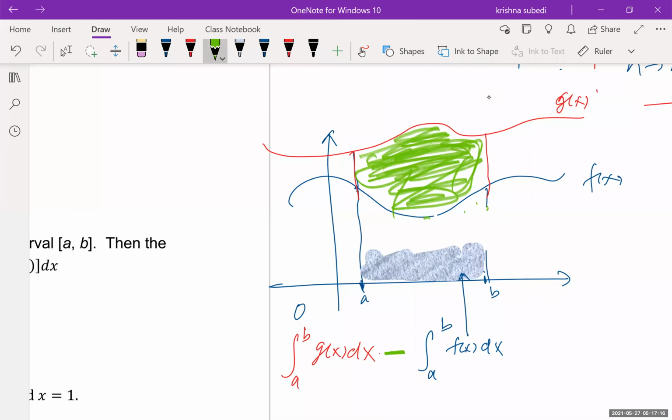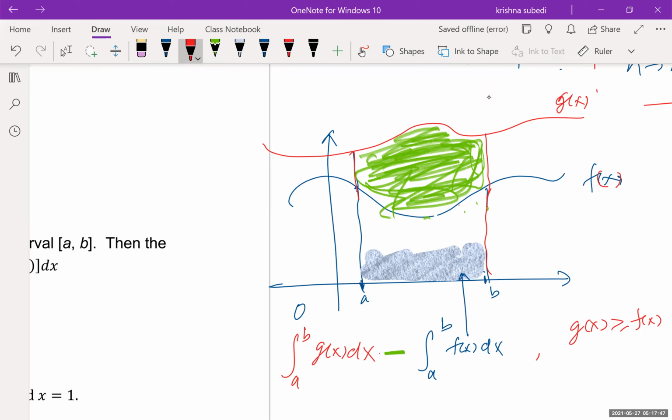So the area between the two curves is given by the integral from a to b of g of x dx minus the integral from a to b of f of x dx, provided that g is bigger here. G of x is greater than f of x. Notice that we always subtract the small function from the larger function. If you subtract the larger function from the small function, that doesn't make sense actually.